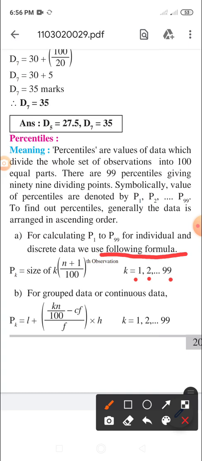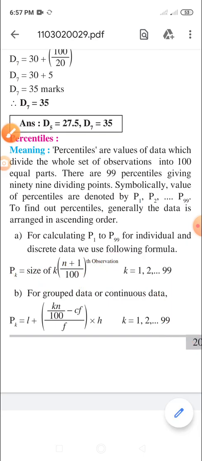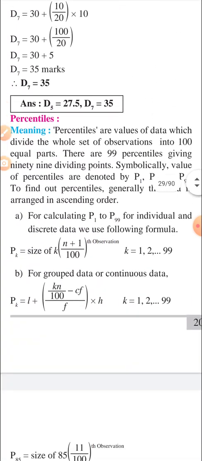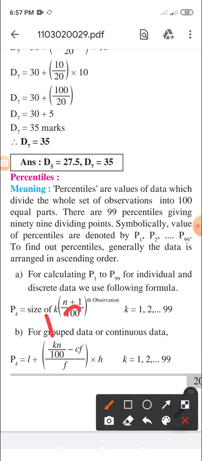In place of K we write the percentile which we want to calculate, that is first, second, third, fourth up to 99.